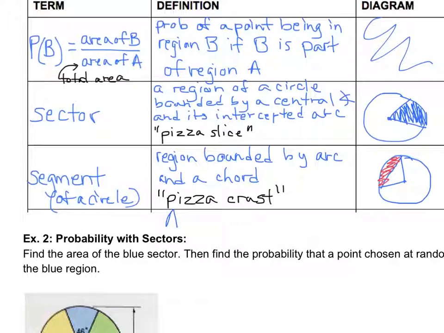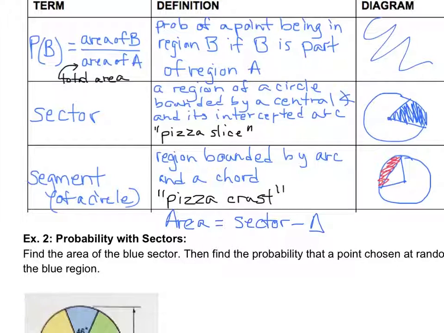This definition, if we're talking about finding the area, and we'll go back and find the area of a sector in a second as well. The area of the segment is going to be the area of the sector, take out that triangle that you see in the middle.